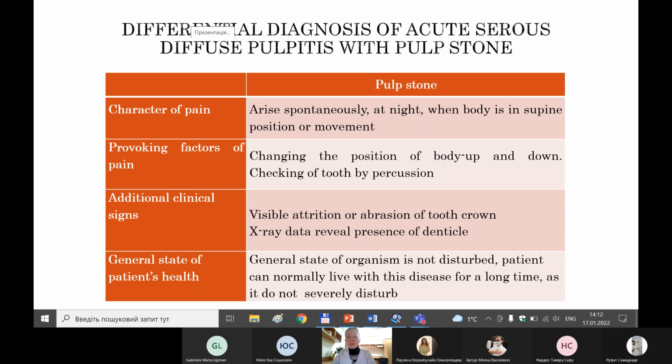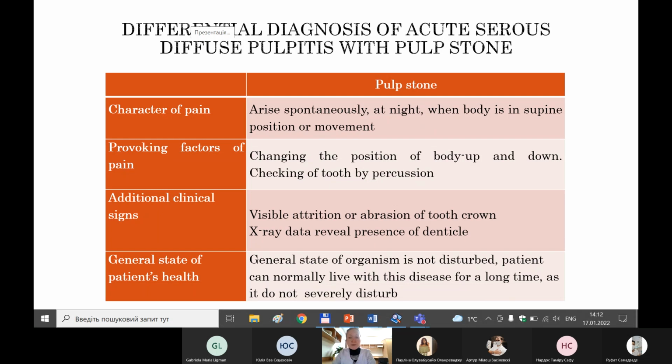The first one is pulp stone. It is chronic pulpitis. First of all, character of pain. The same as in acute serous diffuse pulpitis, it arises spontaneously at night when the body is in supine position or movement. Similar.